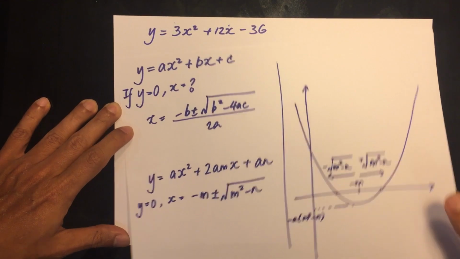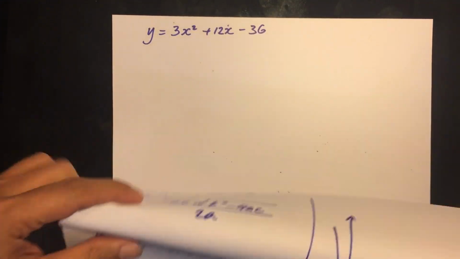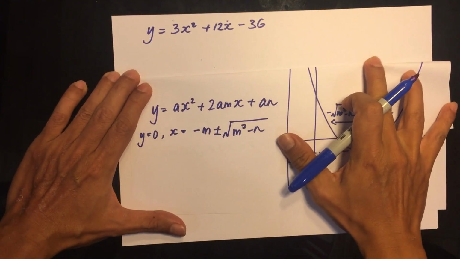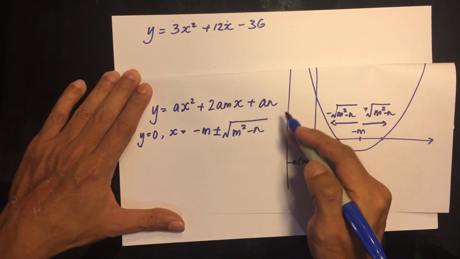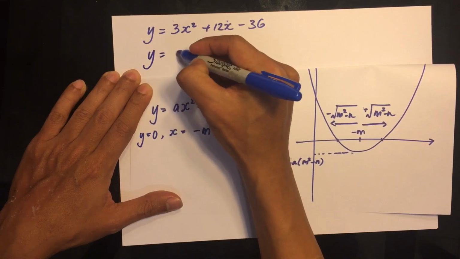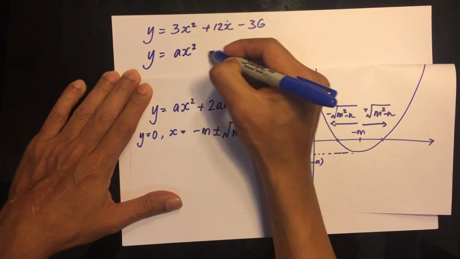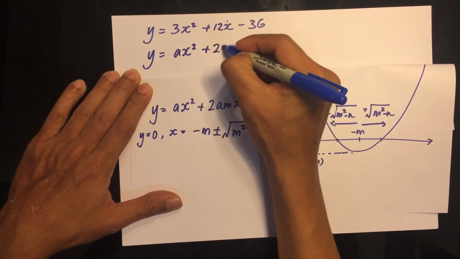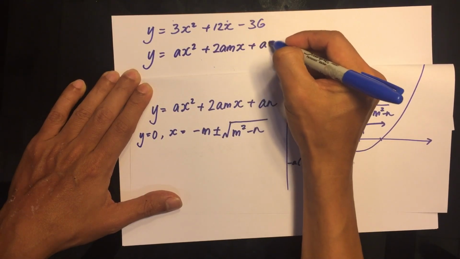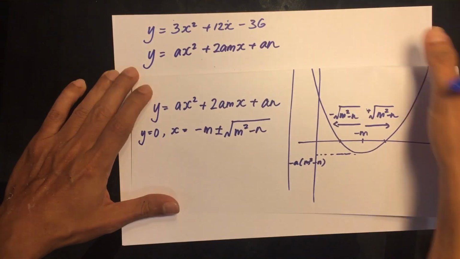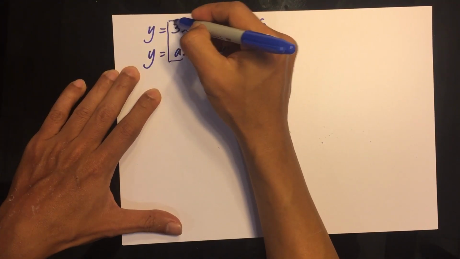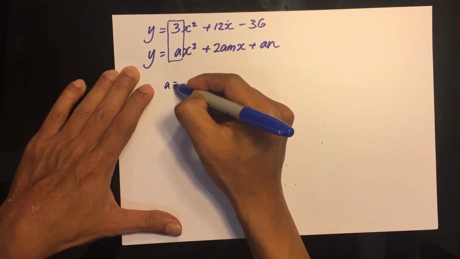We would use that new expression, y equals ax squared plus 2amx plus an. Let's rewrite the whole thing just to make sure we don't make any careless mistakes. From that, you can obviously see that a equals 3.